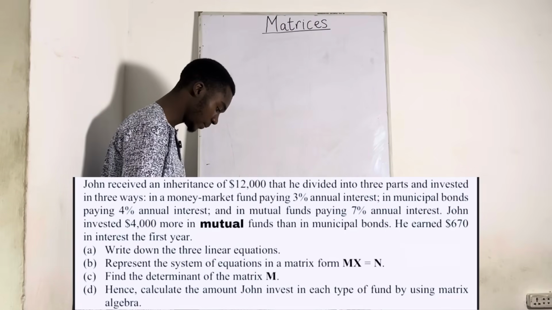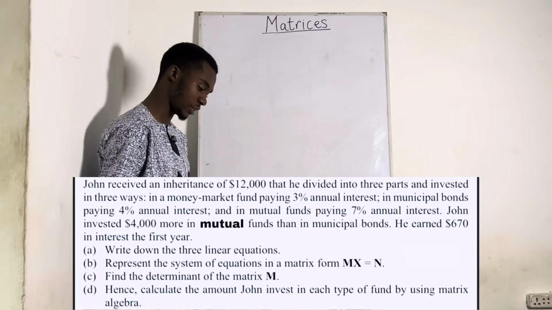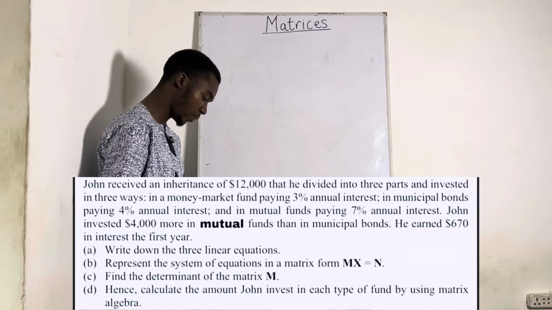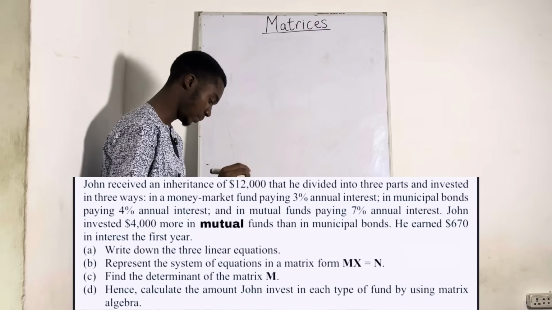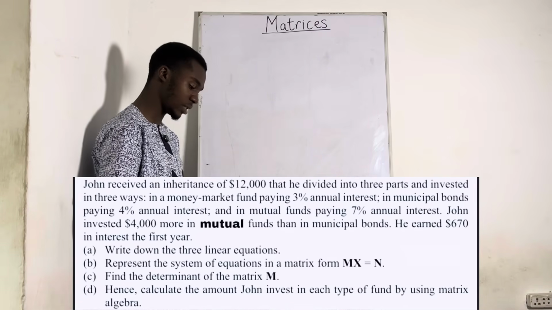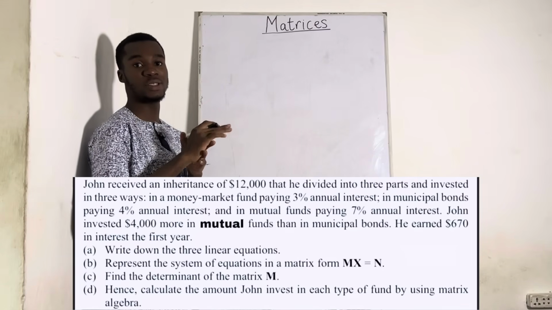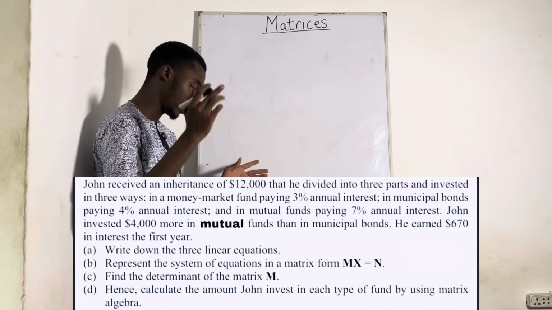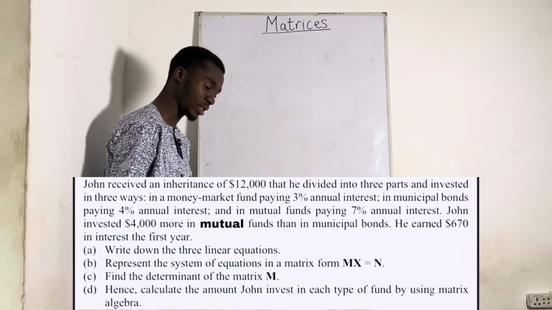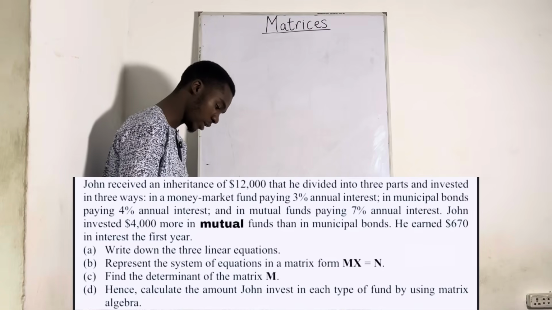They invested another into municipal bonds, paying 4% annual interest. Then the last part, he invested it into mutual funds, paying 7% annual interest. So that's how he decided to use the money. He didn't decide to waste it or anything. He decided to invest it into 3 different places, paying different interest. You get it? So in case one fails, at least another will not fail. Now let's continue.